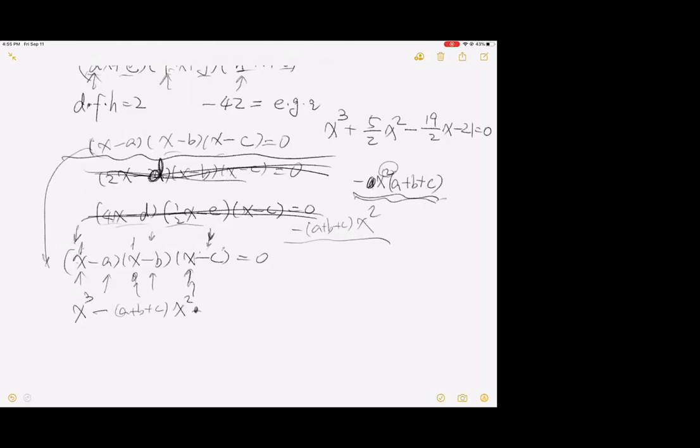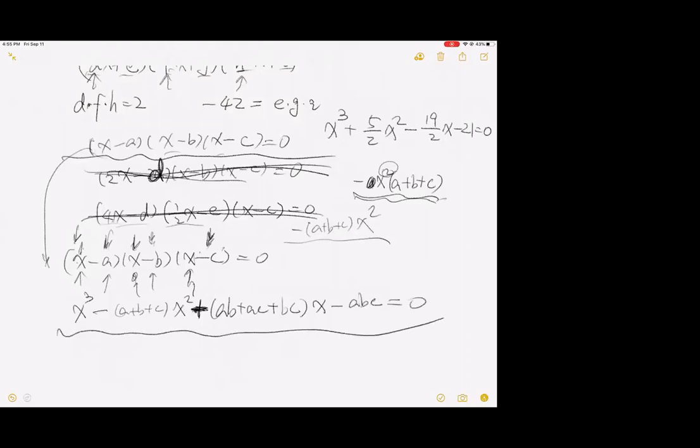Negative a times x times negative c, that's ac. Negative a times negative b times x, that's ab. So the x coefficient is ab plus ac plus bc, times x. And then it's just minus abc.